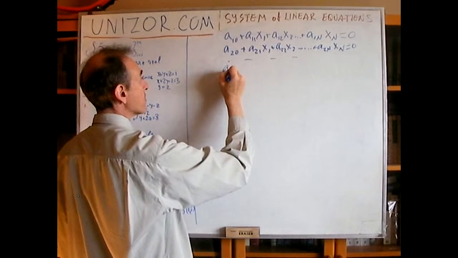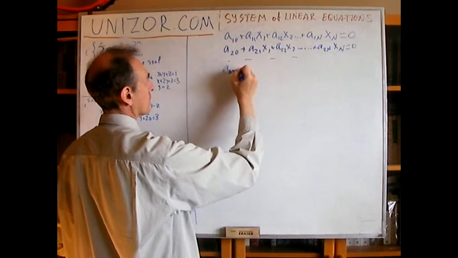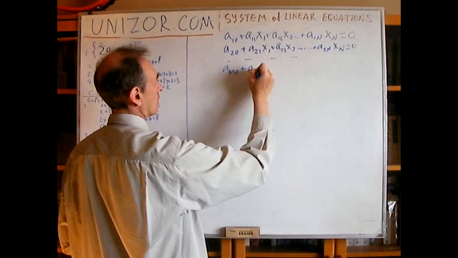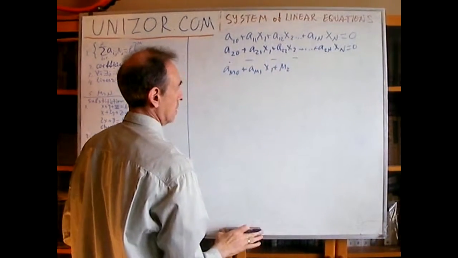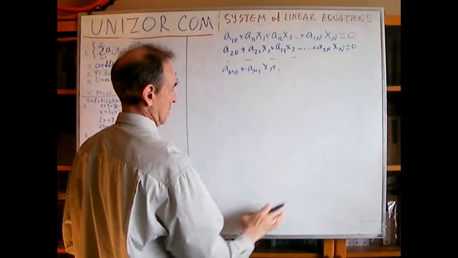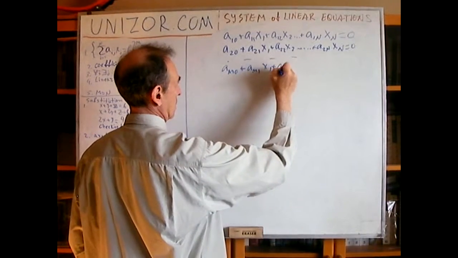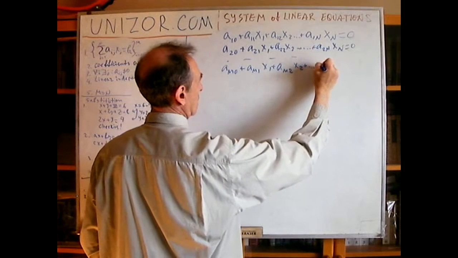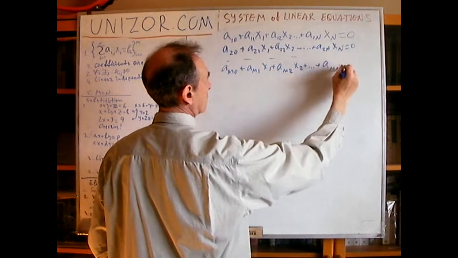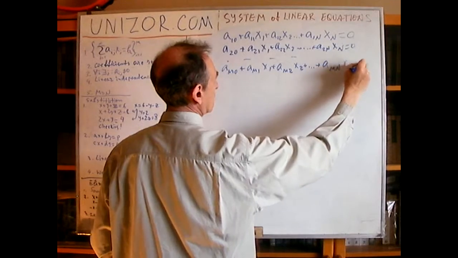And the mth equation looks like this, up to am,n xn equals 0.